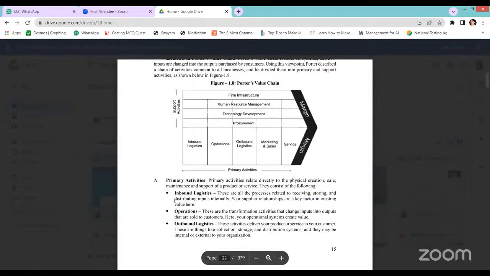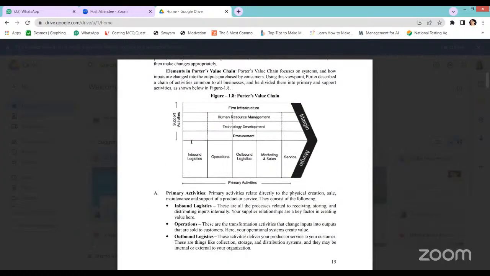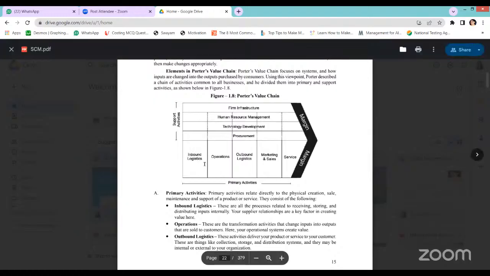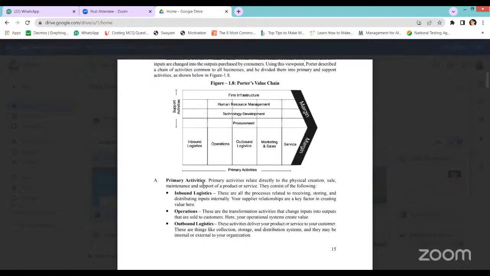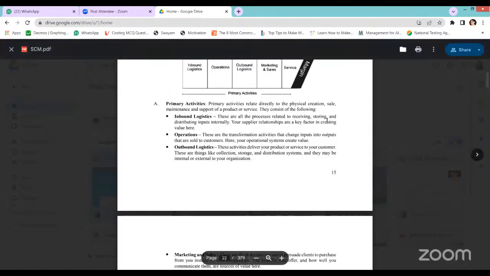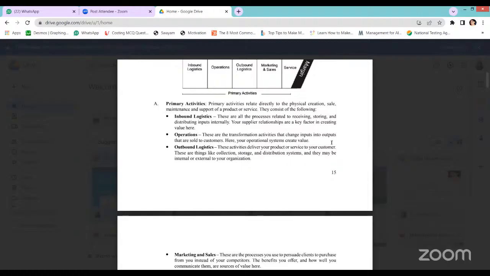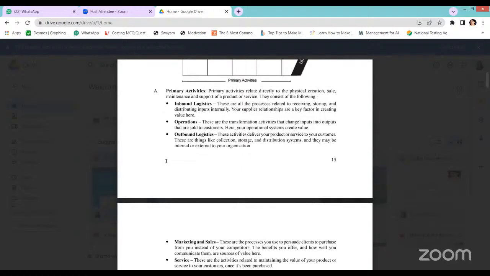According to Porter's value chain, these are the primary activities common to all businesses. Inbound logistics is collecting, receiving, storing, and distributing the inputs. Operations is changing these inputs into the output as required by the customer. Then outbound logistics is delivering your final products or services to your customers, including collection, storage, and distribution.